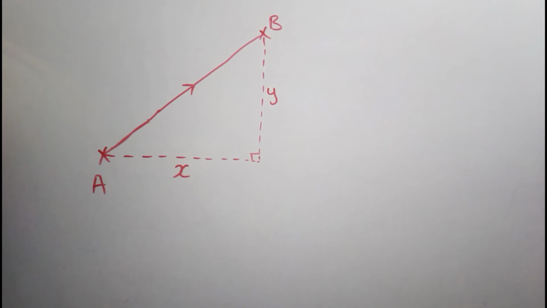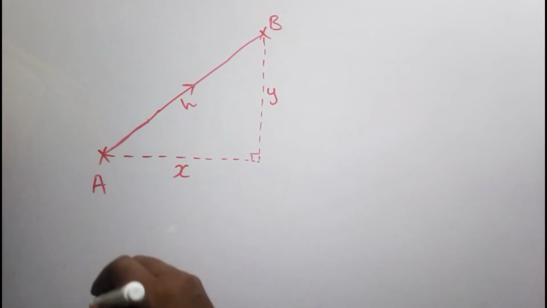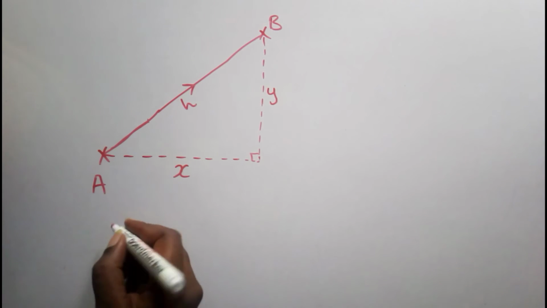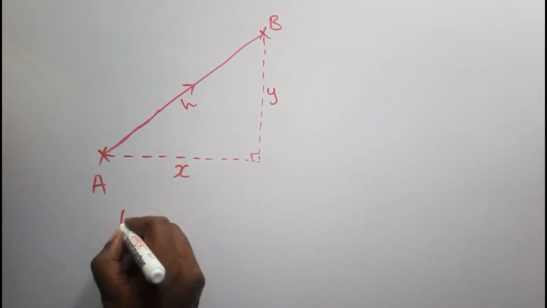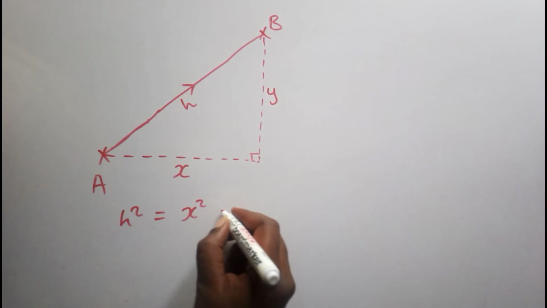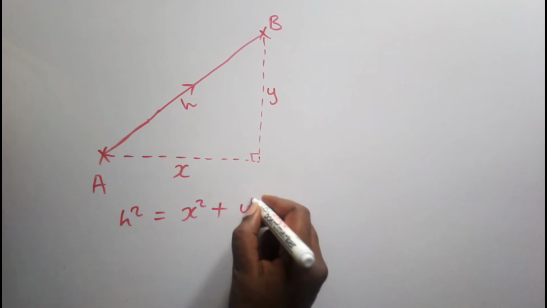So now we have a right angle triangle. We want to find the length of AB, that's the magnitude or the modulus. I'm going to call it h. Now using Pythagoras theorem, we know that h squared is equal to x squared plus y squared. That's Pythagoras theorem.